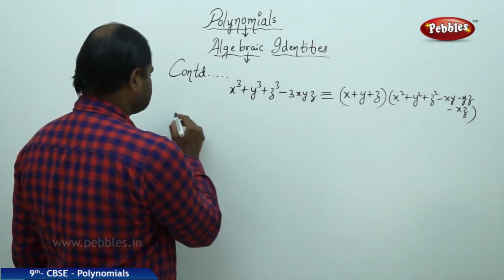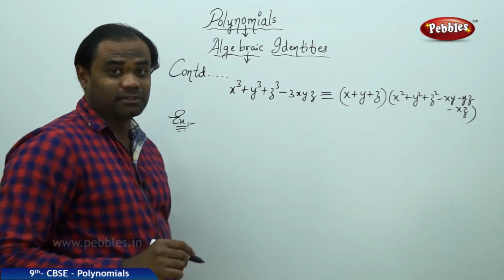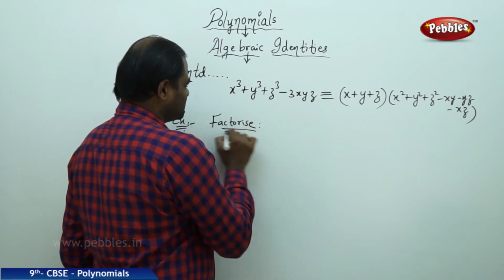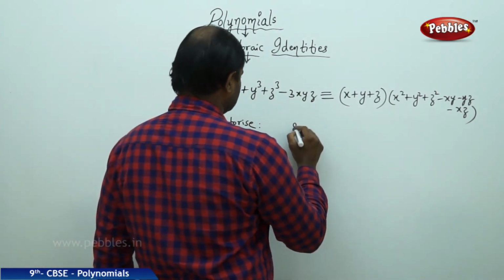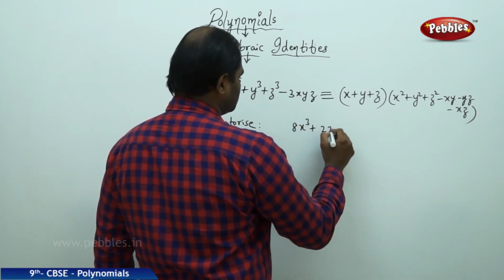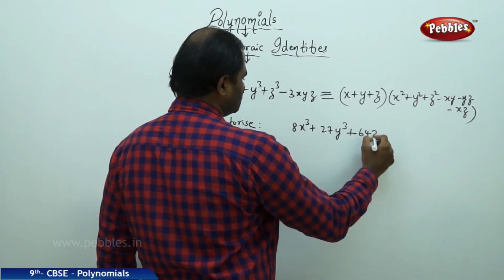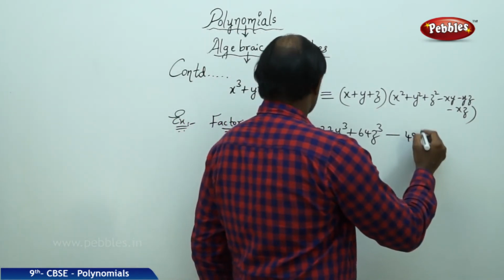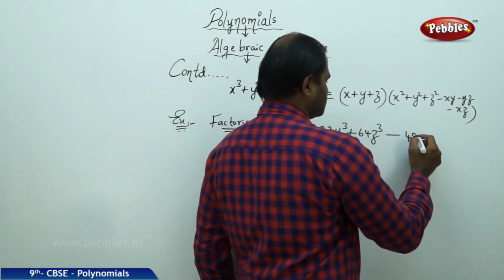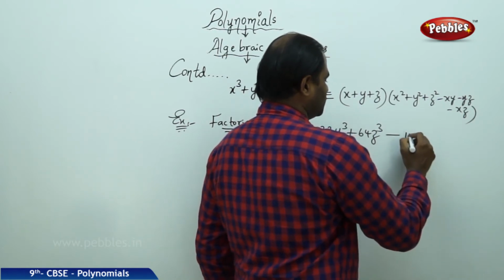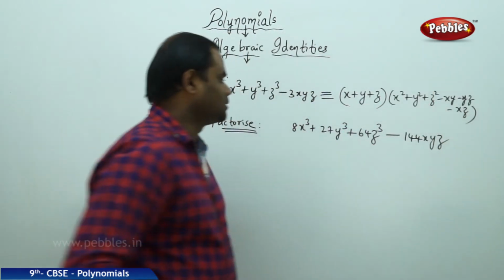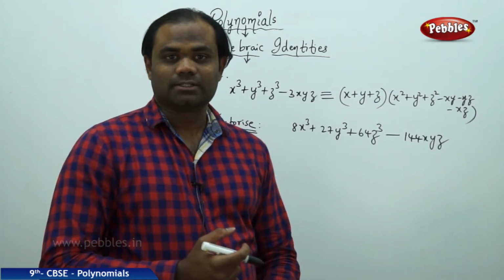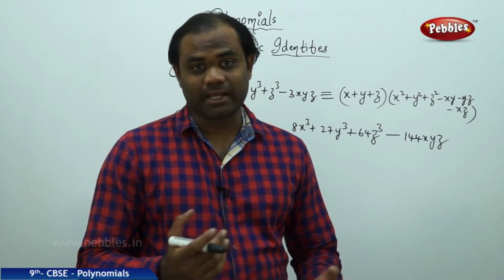Say, for example, I have a problem which says factorize 8x cubed plus 27y cubed plus 64z cubed minus 144xyz. That is the given problem, and I would like to factorize this given polynomial in three variables x, y, and z.